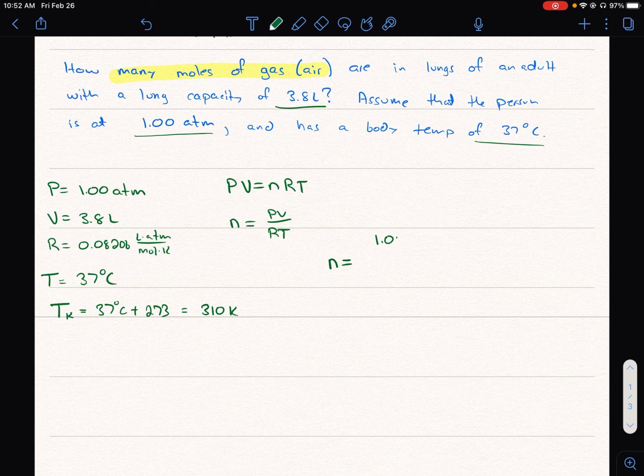So now we can come back to our equation and say number of moles is going to be equal to 1.00 atmospheres times our volume, 3.8 liters, divided by our universal gas constant. I like to write out the units so I can cross them out to make sure we're going to get the right answer. And then times our temperature of 310 Kelvin.